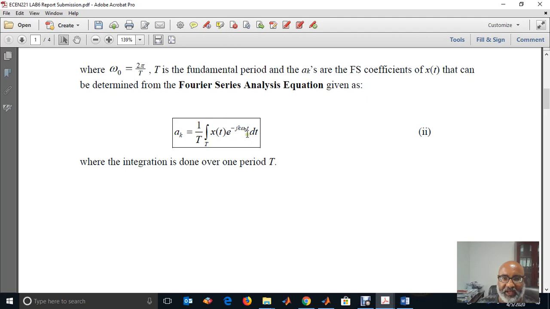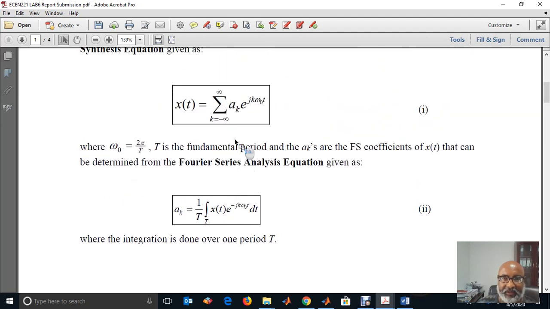So we need to select one period and integrate over one period the product of x(t) and e to the power of minus jk omega naught t. One period can be, for example, from minus T over 2 to T over 2, or from 0 to T. So we can select a convenient integration interval to get the a_k.